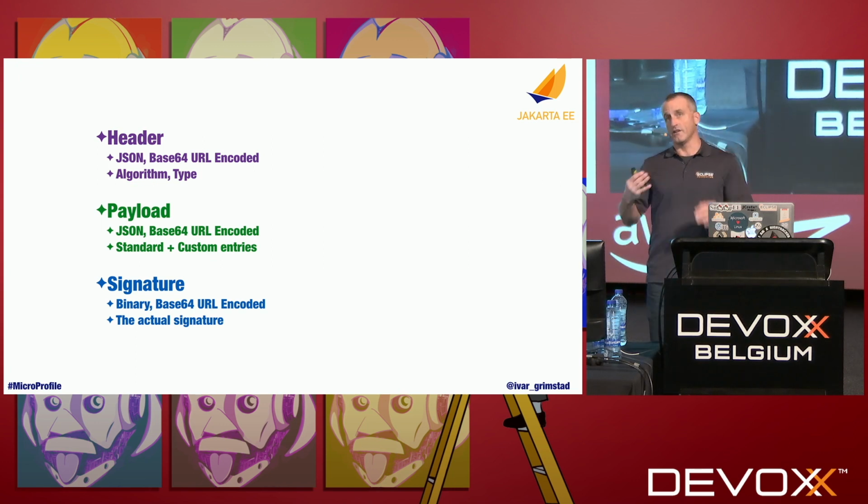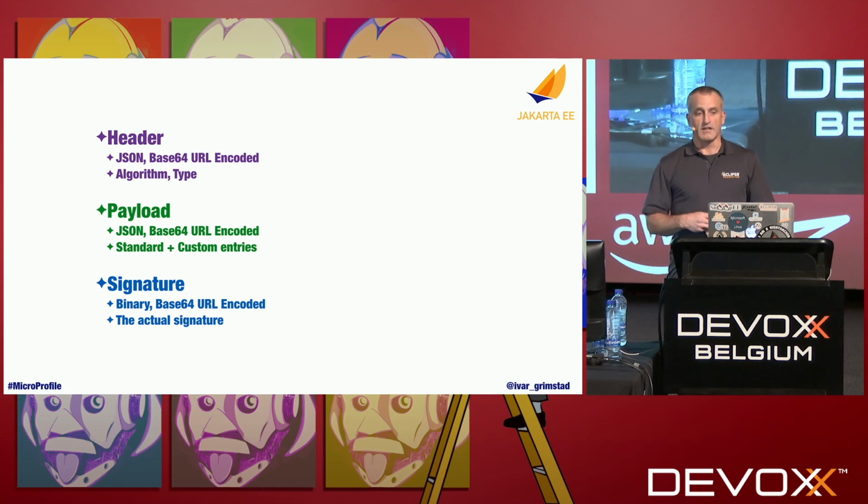And then you have the payload, which is the actual token. That is also a JSON. You have some standard entries and you have some custom entries. And at the end you have a digital signature that validates that nobody has tampered with the payload in between.